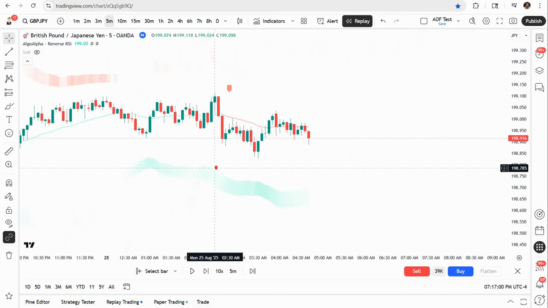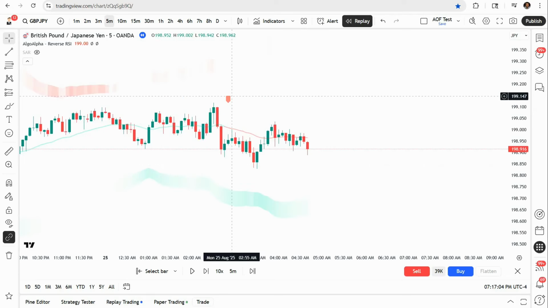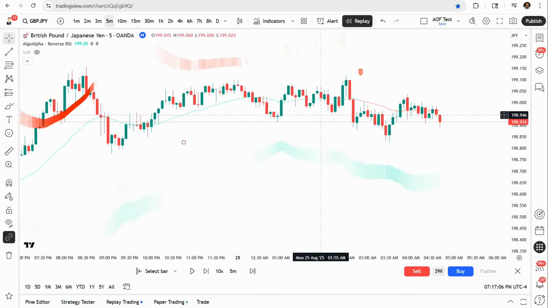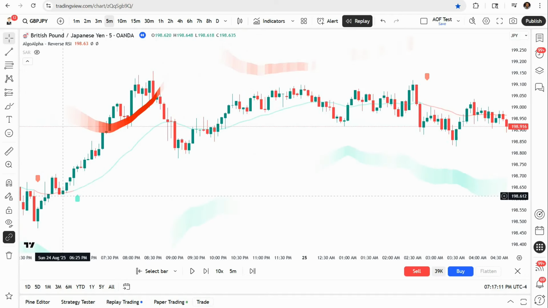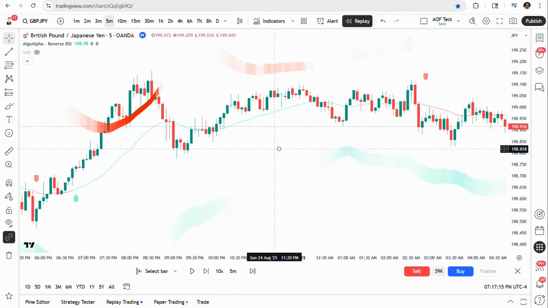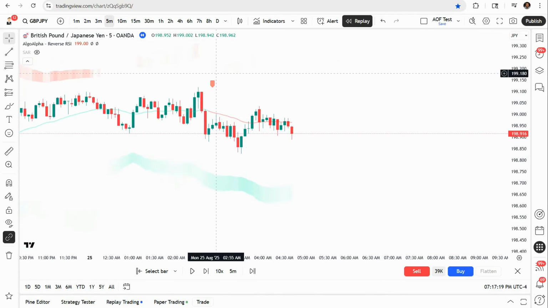And mainly what we are looking for is going to be this midline. You can see these tags right here, red tags, and then there are green tags. These technically would be the entry signals from this particular indicator. But again, the source video shows a strategy that doesn't use those.